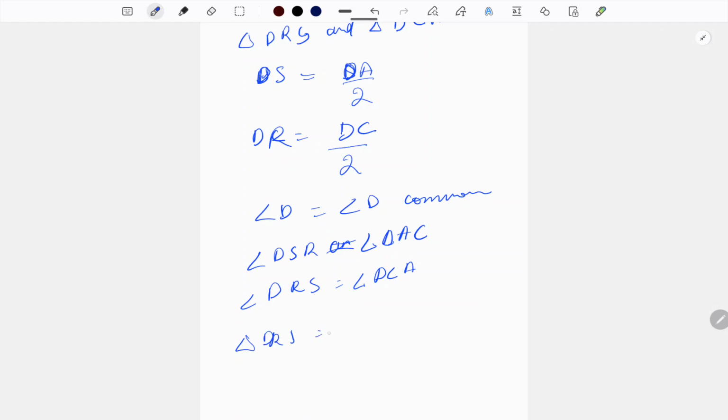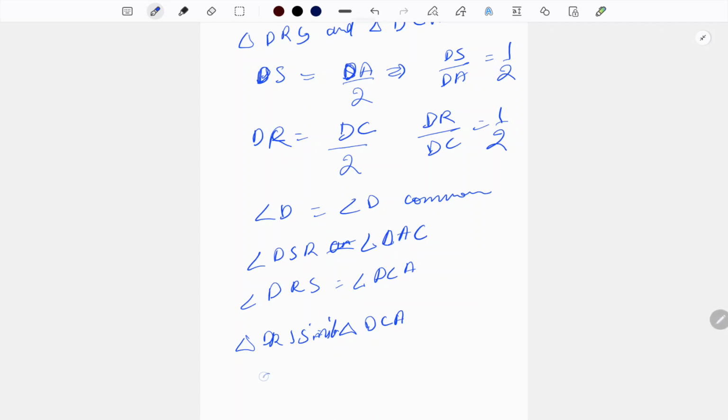DRS, or we can write this as DS/DA is equal to 1/2. DR upon DC is equal to 1/2. So that is 3. Triangle DRS is similar to triangle DCA. And when two triangles are similar, the ratio of sides are also equal.